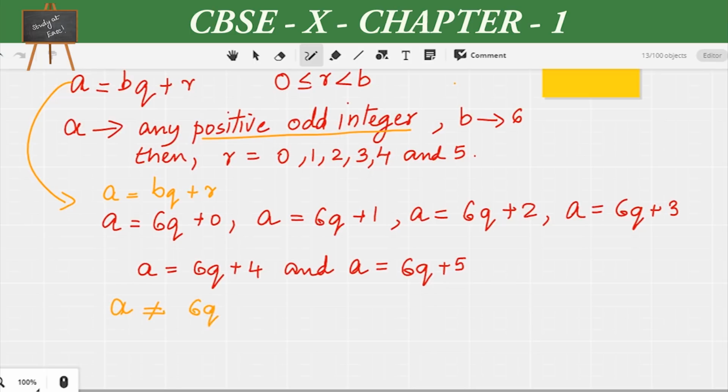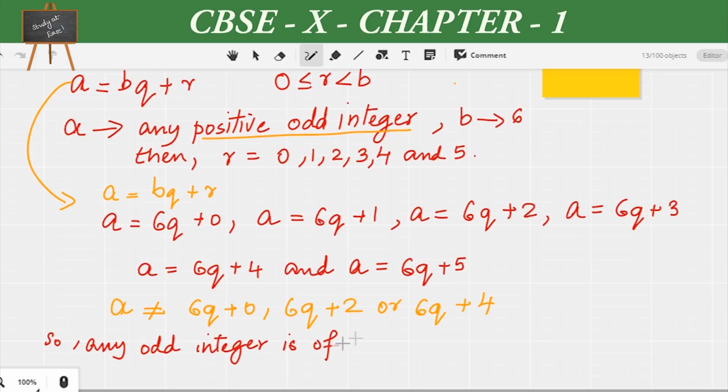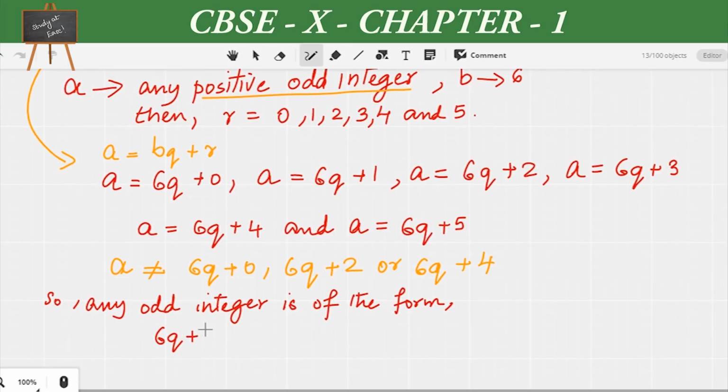So that is a not equal to 6q plus 0, 6q plus 2, 6q plus 4. So any odd integer is of the form 6q plus 1, 6q plus 3 or 6q plus 5.